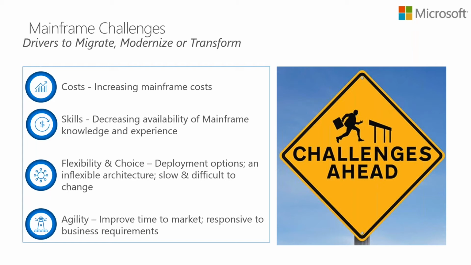More and more, the awareness of the skill shortage has been increased by the impact we've seen from COVID. It's more difficult to find programmers to maintain the applications, and even more so systems programmers to maintain the operating system. So skill shortage tends to be a challenge a lot of customers like those attending will probably experience. Then flexibility and choice, the desire to embrace other architectures and workloads, to embrace the cloud, is more difficult to do for those mainframe workloads.